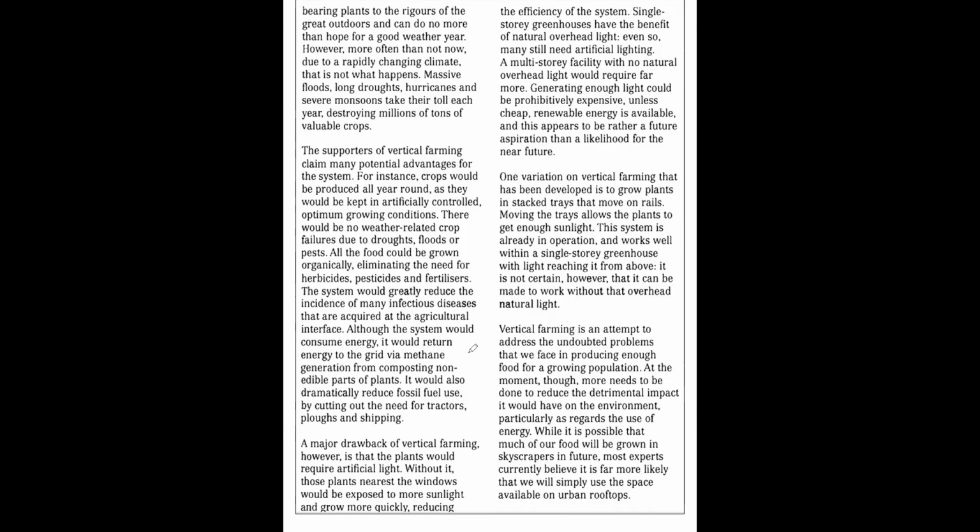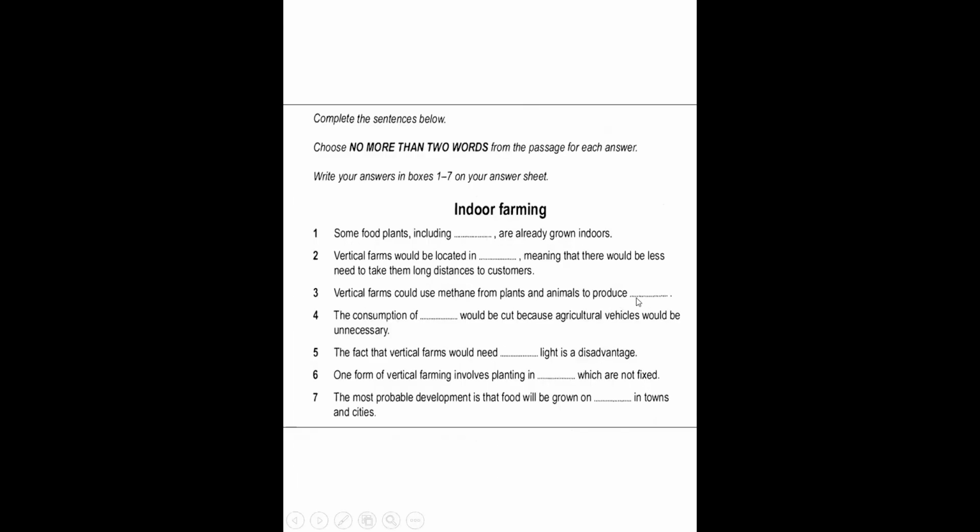So the question is, it would produce something. Consume means take in, produce means return. That is the basic synonym. So the answer will be energy, all of you. Energy will be the correct answer. So write your answer as energy. Third one, answer is energy. You can write it down here.